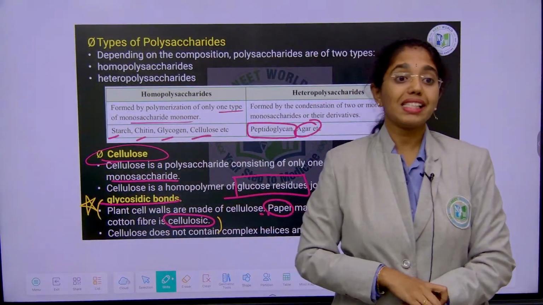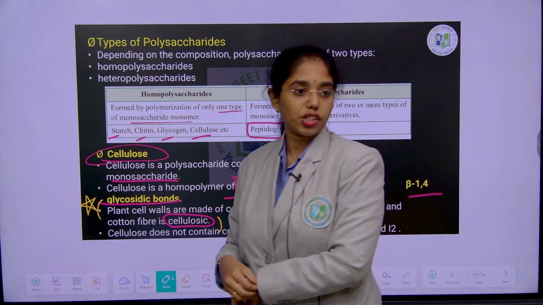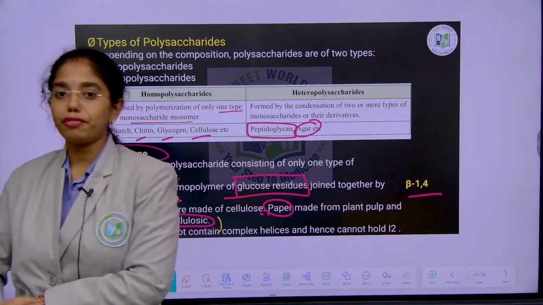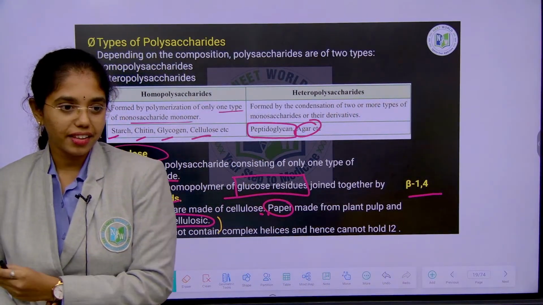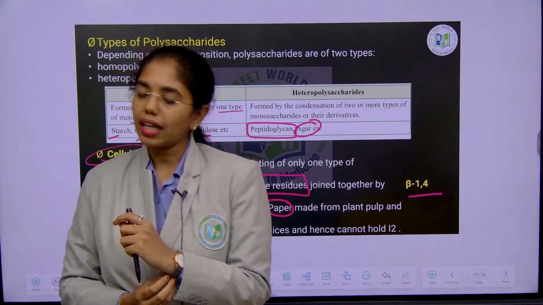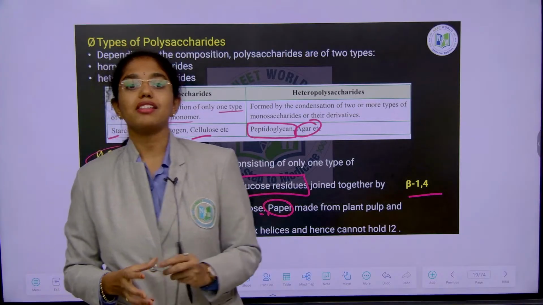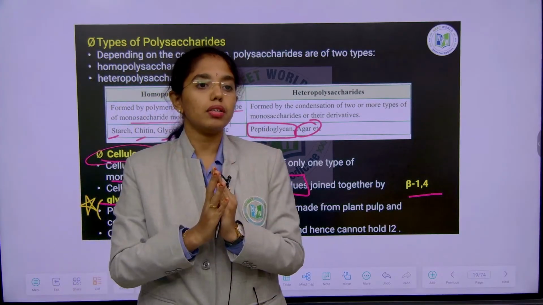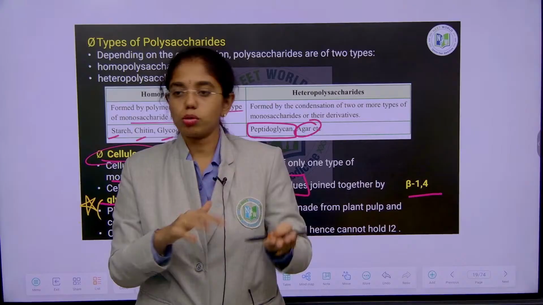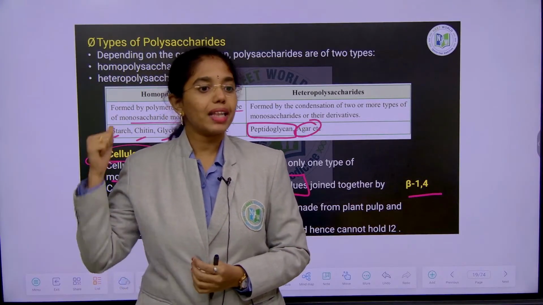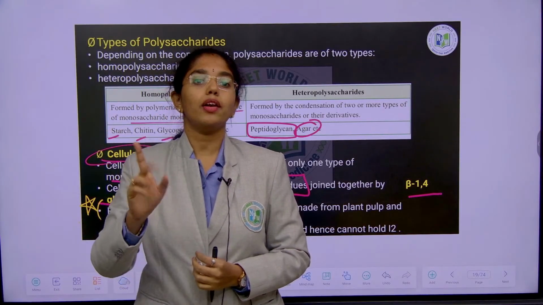You can see the blue black color of the starch test which we performed in 10th or 8th classes. That is responding to iodine and forming a complex, because it has complex sugar molecules inside it. It has amylose, amylopectin, right? But then cellulose has only glucose units.